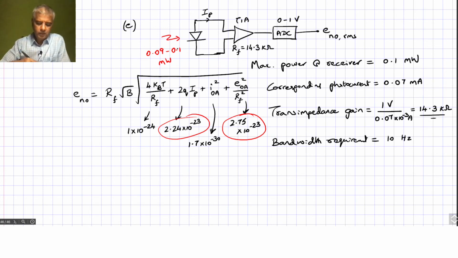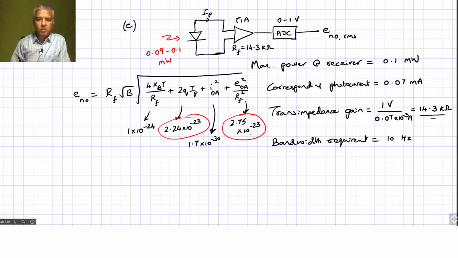You will have a component because of the thermal noise, and you may even have to go for an avalanche photodiode in that case, right? But this is actually a case where we are looking at shot noise limitation.